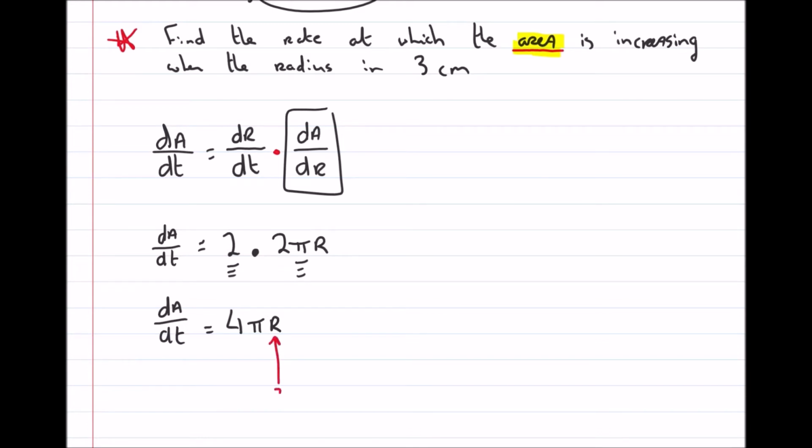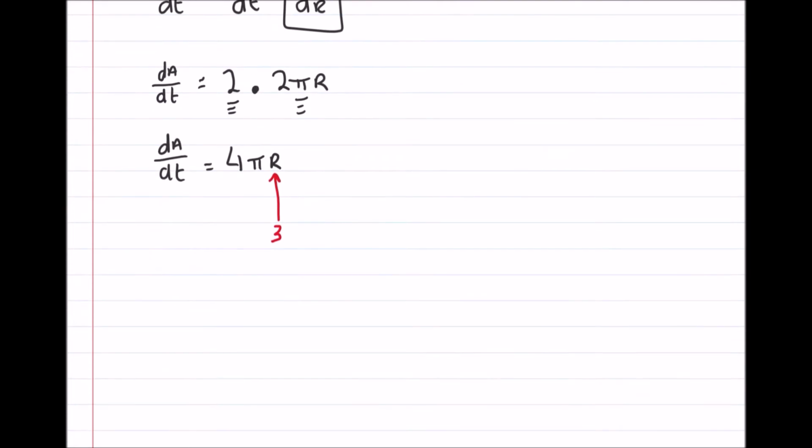So if I put in 3 into here, I will get 4 pi times 3, which will give me 12 pi. Now think about it. It's the rate at which the area is increasing, well, area is centimeters squared, with respect to time. So it's 12 pi centimeters squared per second.